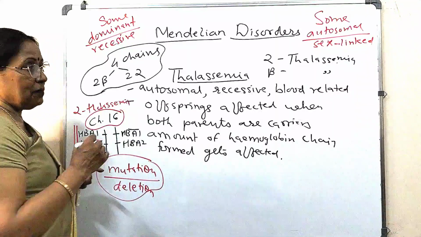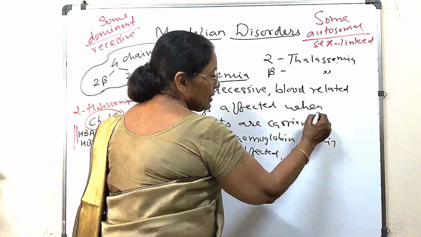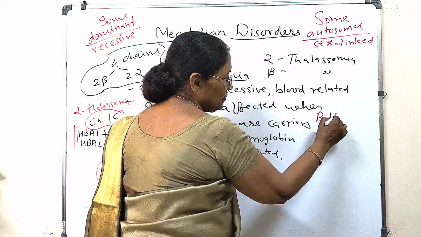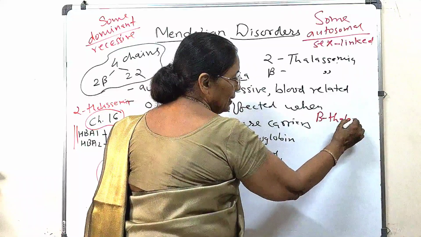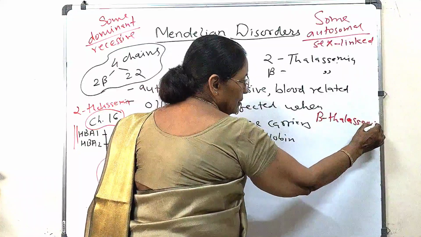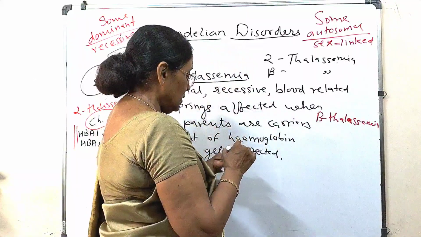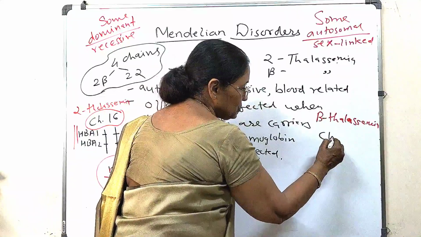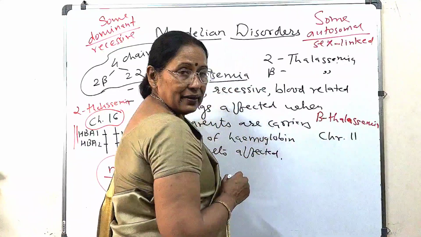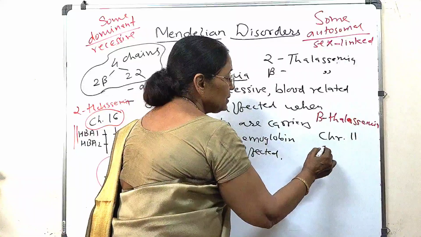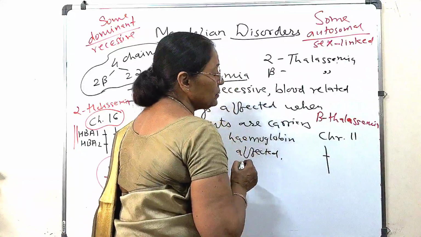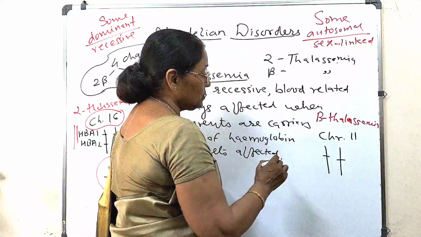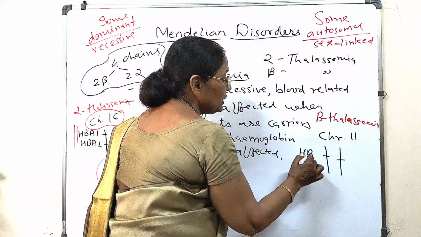Now let us see about beta thalassemia. In case of beta thalassemia, the genes are present on chromosome number 11. This does not have 4, only one gene on one chromosome and one on its homologous chromosome, and this is HBB.